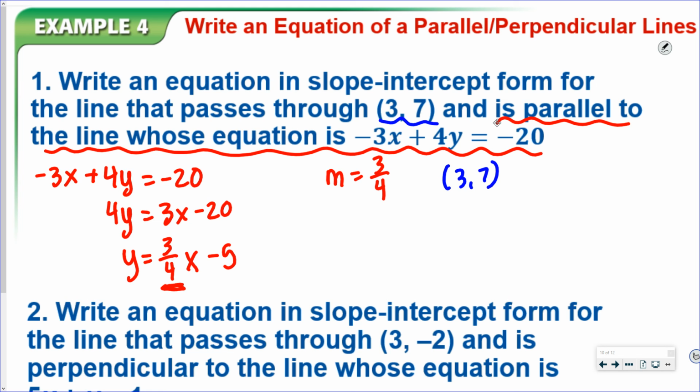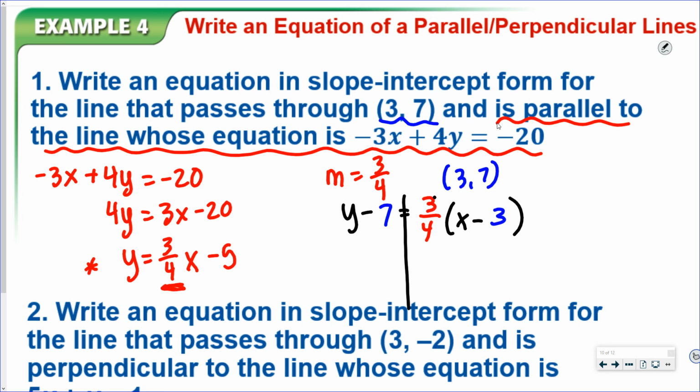So y, I'm just going to go ahead and plug it in right away. y minus y1 is 7 equals m. Our slope is 3/4. That's what I took from this information. x minus 3. 3 is the x-coordinate of the given point. Okay.